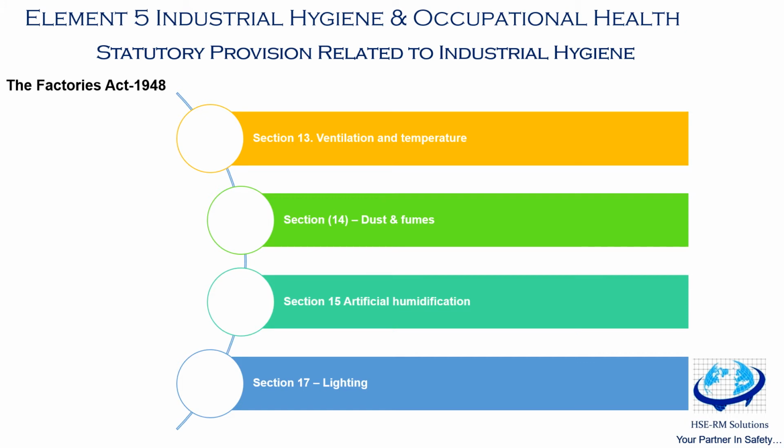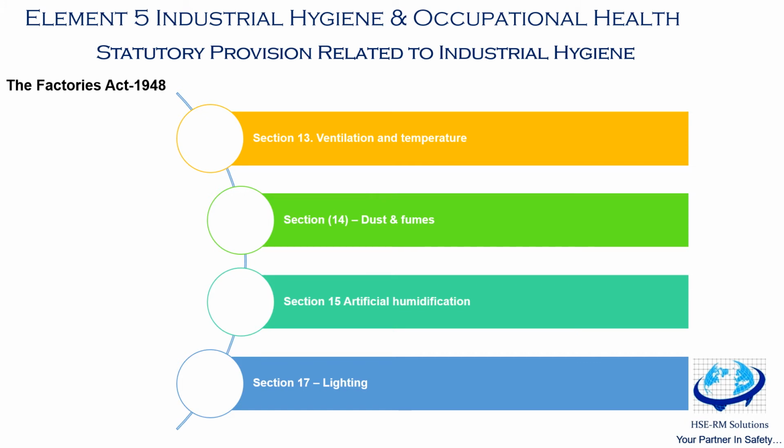Correct. So in any factory in which the humidity of the air is artificially increased, the water used for the purpose shall be taken from a public supply or other source of drinking water, or shall be effectively purified before it is so used.